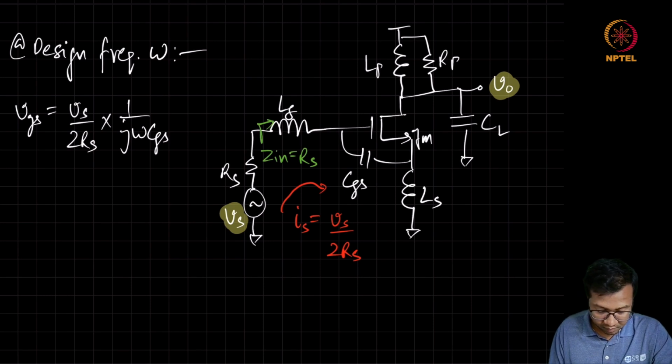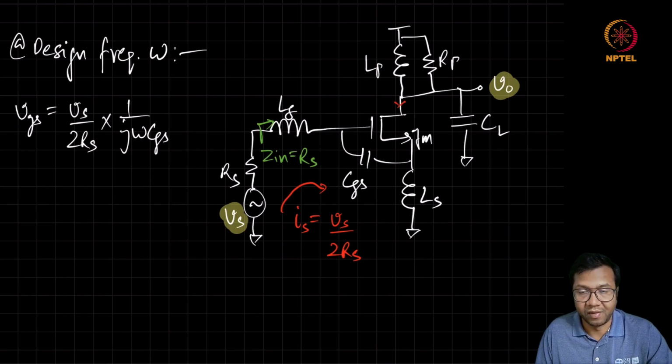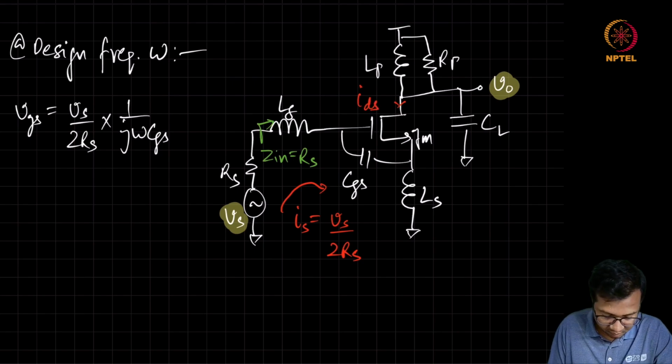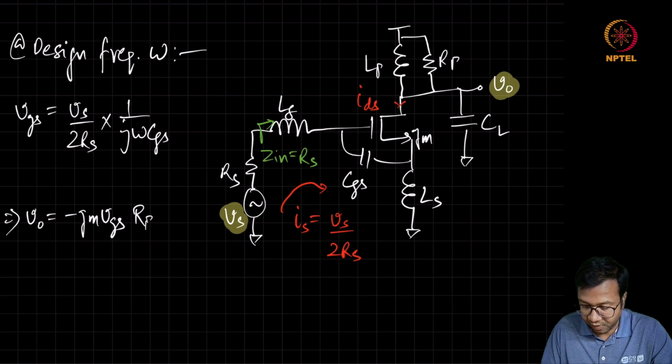So once we know the current and the voltage VGS, we can find out IDS. So it implies Vout is going to be equal to minus GM VGS, that is IDS, into RP at the design frequency.